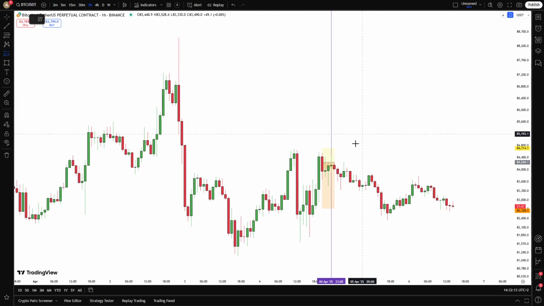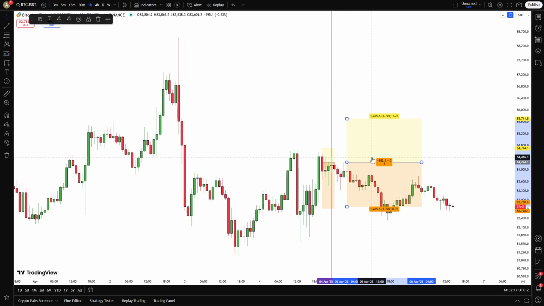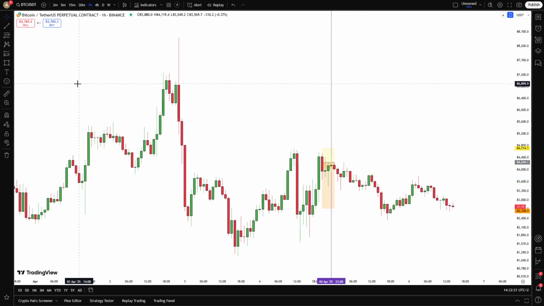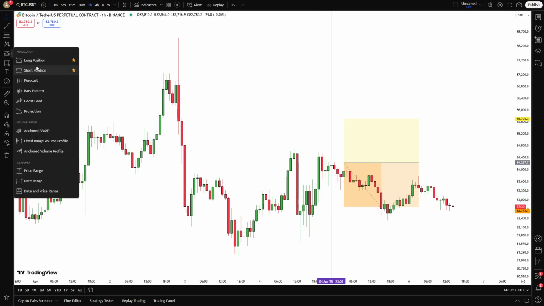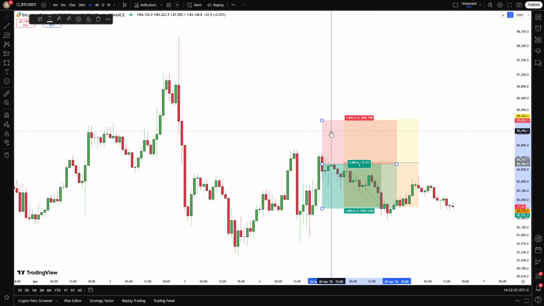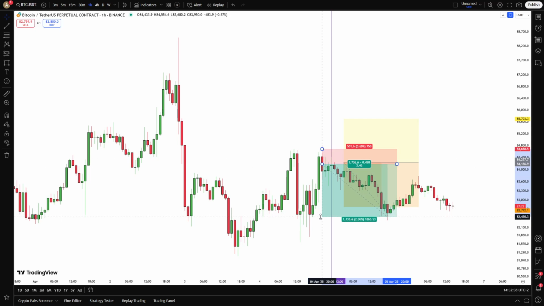I'm going to make this as simple as possible. So the long position would be right there. I need to take the short position instead here. The stop loss with a clear invalidation is at the high.